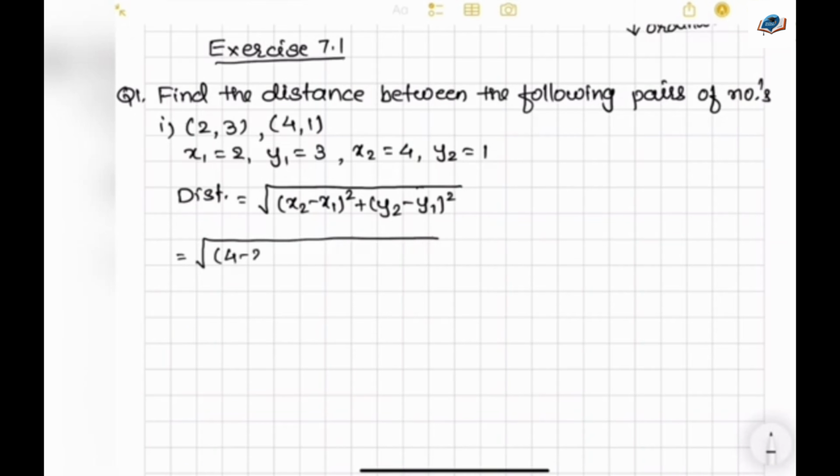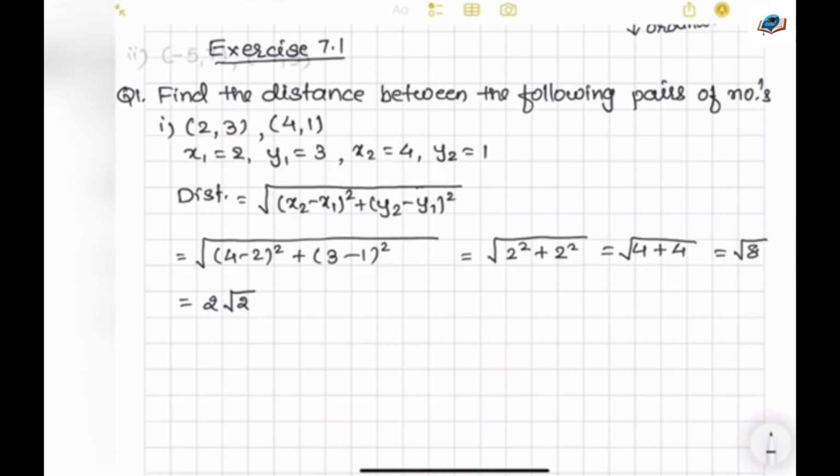So that will be (4 minus 2) whole square plus (3 minus 1) whole square. So 4 minus 2 will be 2 square plus 2 square. So 4 plus 4, root 8. So root 8, if I take out a 4, it is 2 root 2.